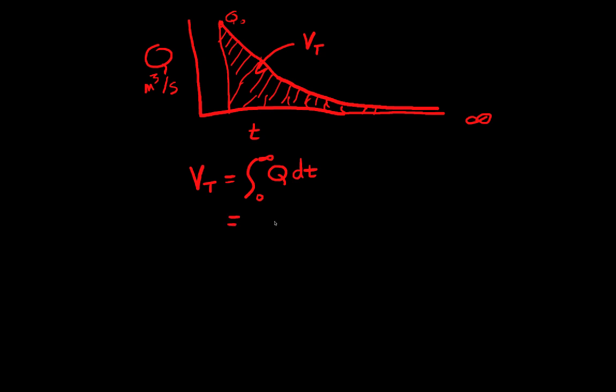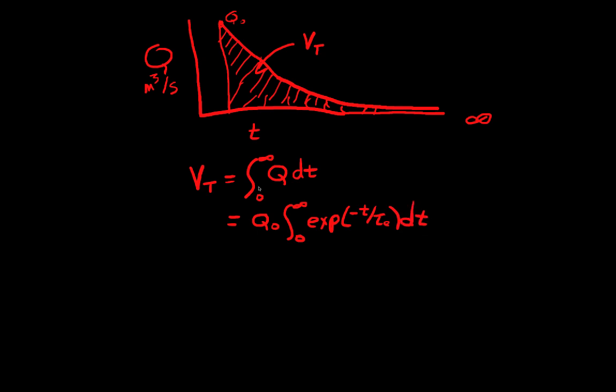Now in this equation, we substitute in our exponential, so we have Q naught times the integral from 0 to infinity of exp(-t/tau_e) dt.